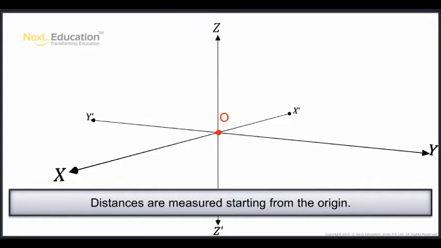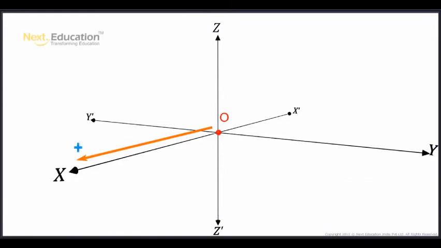For example, the distance measured from the origin along the x-axis along the direction shown is taken as positive. The distance measured from the origin in the opposite side is considered negative. To indicate this, we assign the symbol x dash. A similar convention is followed for calculating the distances along the y and z axes.